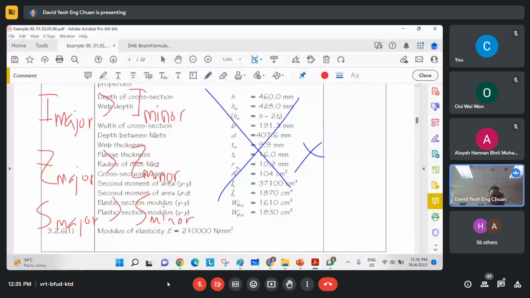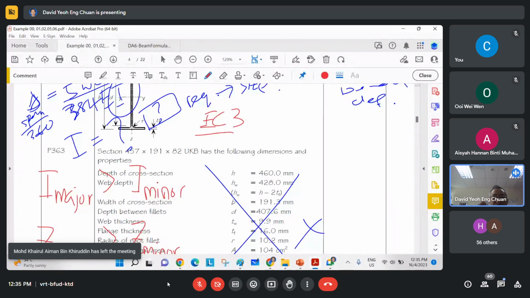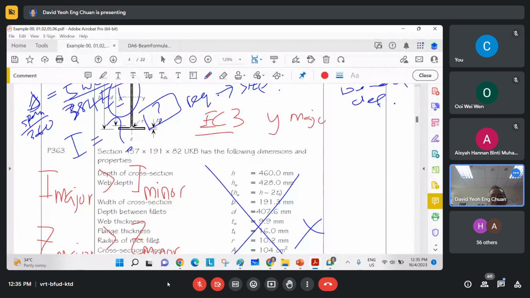Okay, now which axis to use? Minor axis or major axis? Is it now in Eurocode 3, major axis, always remember major axis is Y. Y is major. Minor is Z. Now this one differs from Eurocode 2, so don't get confused.